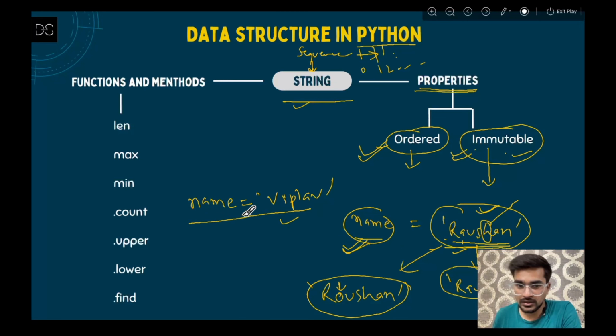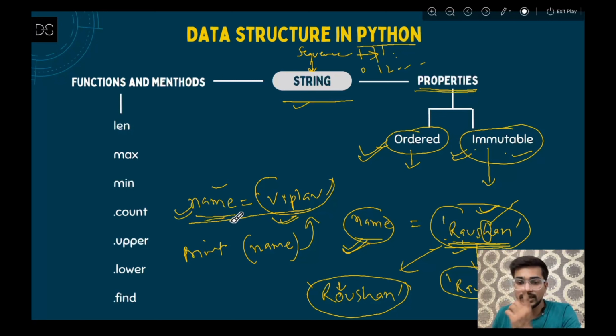So in Python, whatever the value that you are giving latest to any variable, that will be stored. So when you print name, what it will print? It will print Viplav instead of Roshan, because this is the latest value that you have given to the variable name. So एक variable में एक ही value stored हो सकता है. So whatever the latest value that you have given, that will be stored.